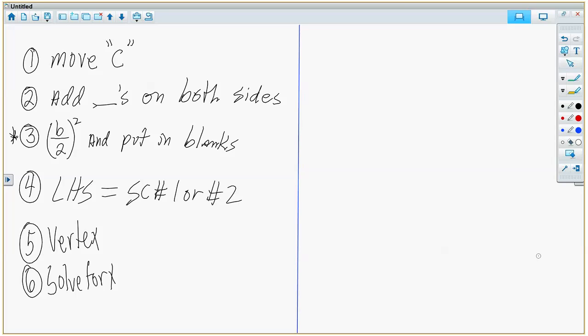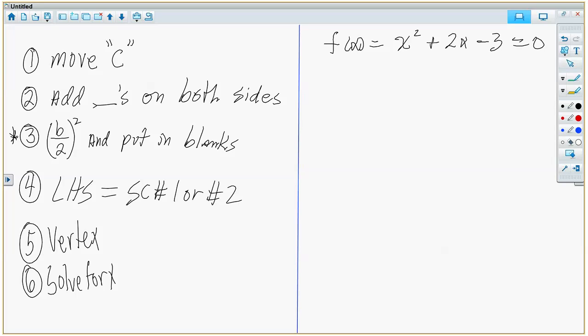f of x is equal to x squared plus 2x minus 3 is equal to 0. Well, you set f of x equal to 0, or you ever heard set y equal to 0, find your x-intercept? Well, that's what you do.